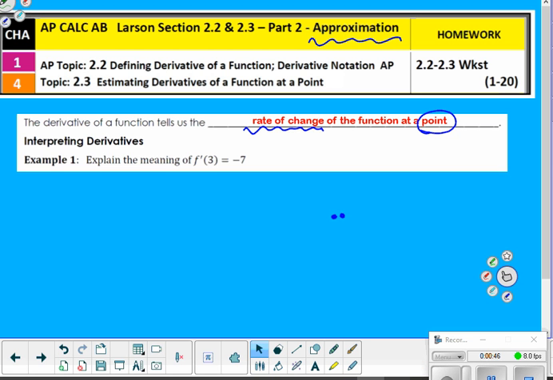So what we did is we allowed those 2 points to get very, very close together. So I had x and x plus h, and then this was as h went to 0. As h moves to 0, this point is coming in closer and closer, and then I can draw in a tangent line and calculate the rate of change at a point.